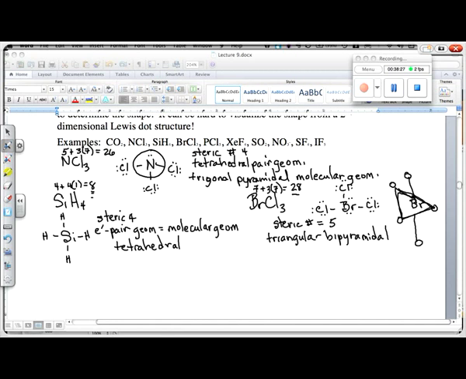This particular molecule has a trigonal bipyramidal electron pair geometry because it's in the steric number 5 group, but it does not have that molecular geometry. If you look on your sheet, 2 lone pairs on the central atom make this a T-shaped molecule, and that is the molecular geometry.